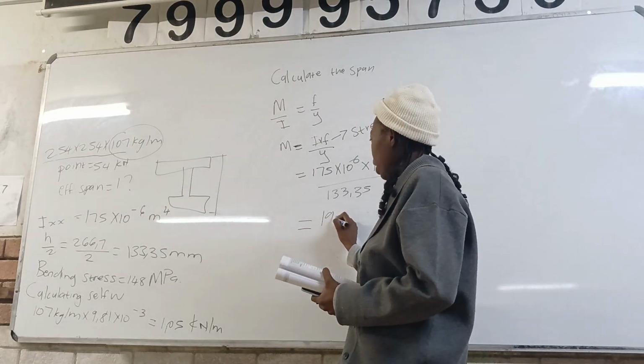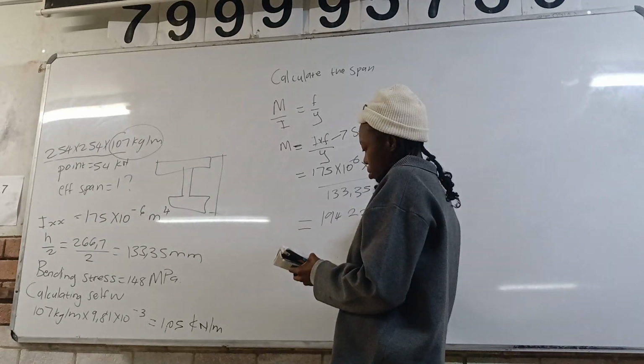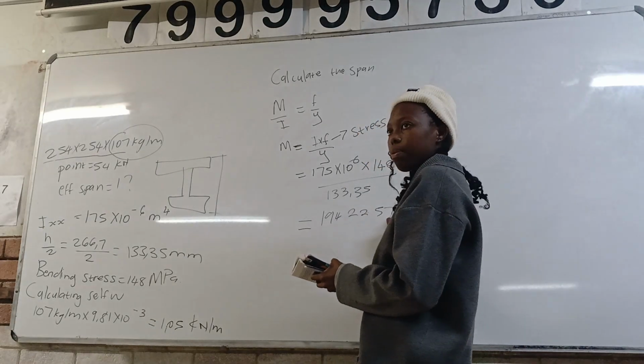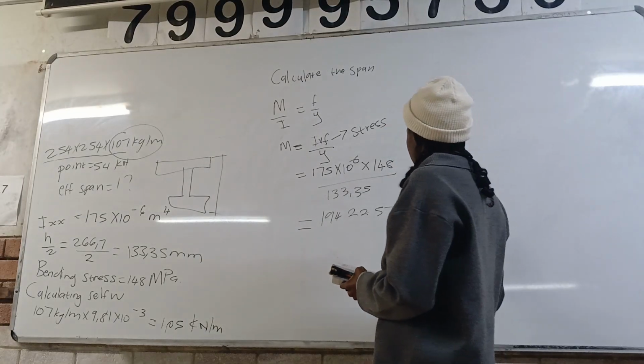What do we get? 194 057 21,8. This is in newtons.